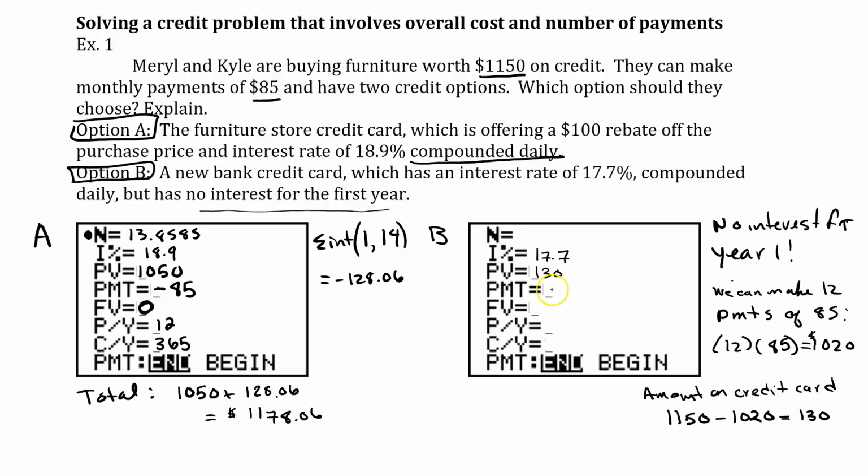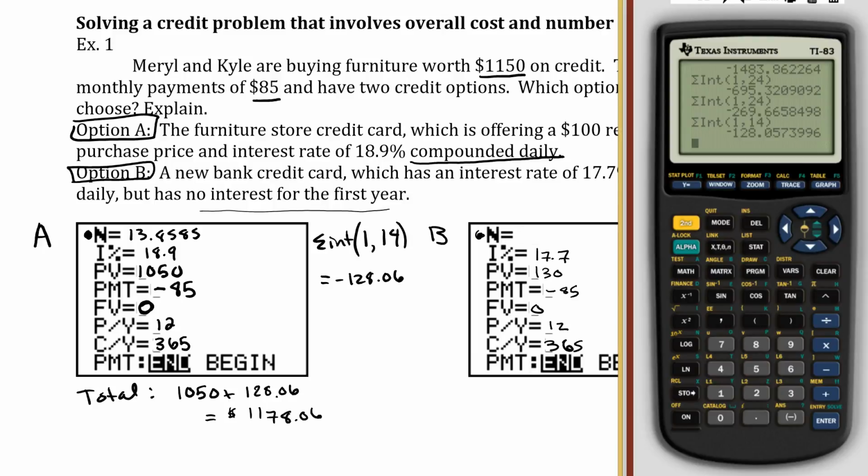The PMT is going to be 85, which is the same. The future value is going to be 0. The compounding periods per year is going to be 365, and the payments per year are going to be 12. So we want to solve for this to see how many months it's going to take for us to pay off the 130. So I'm not going to change a whole bunch of my TVM solver here.